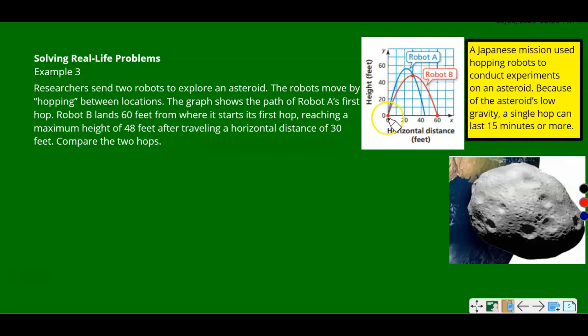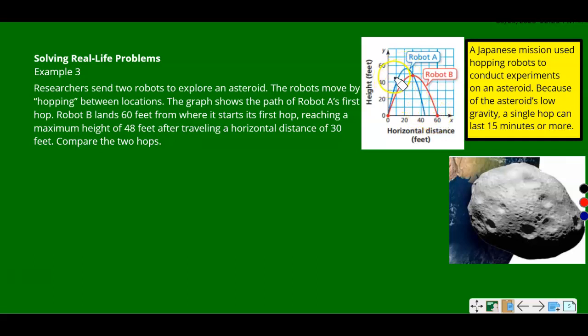We also can see that robot A travels about 45 feet from its initial hop, so it goes from 0 to about 45 feet, and we can see that robot B doesn't go as high, but it lands about 60 feet out. So it goes about 15 feet further horizontally than robot A.